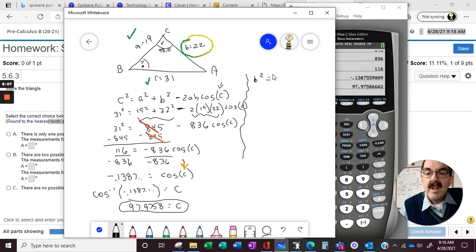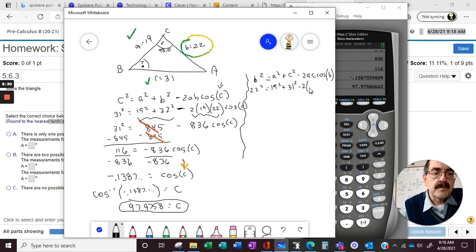So B squared equals A squared plus C squared minus 2AC cosine B. So we have 22 squared equals 19 squared plus 31 squared minus 2 times 19 times 31 times cosine B. Again, piece at a time.